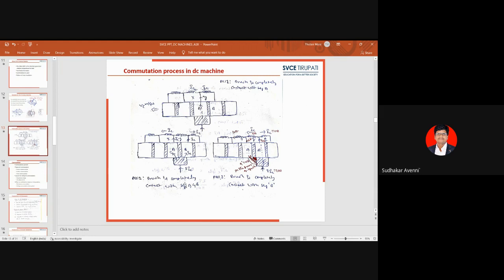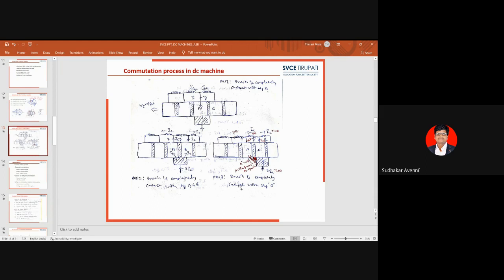Similarly, if the brush is in contact with segments A and B, we can observe the current flow in X and Y. Similarly, if the brush is completely in contact with segment B, how will the current flow in the coil? A current reversal takes place in the armature coil within a time, that is linear commutation.